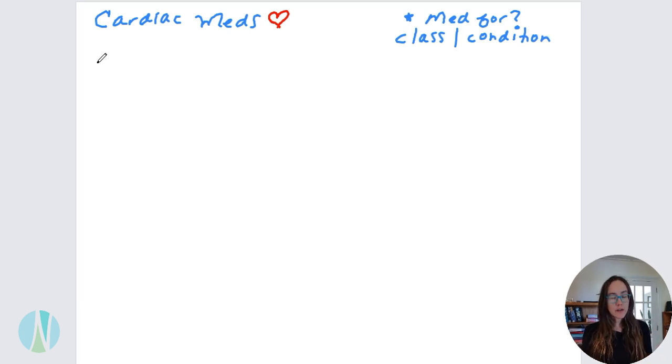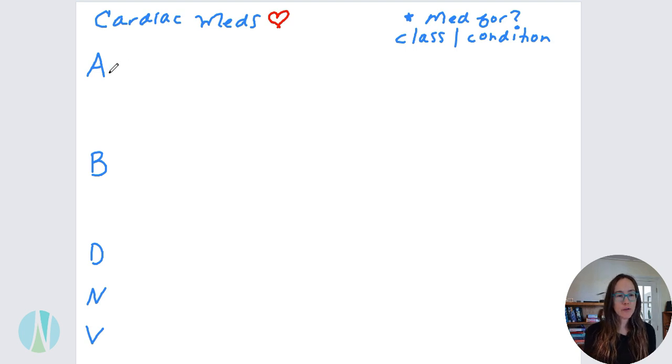So I love using the letters of the alphabet as just prompts to help me get thinking about the content. So I'm going to write an A, B, D, an N, and a V. So these are the letters that are going to go with the classification.